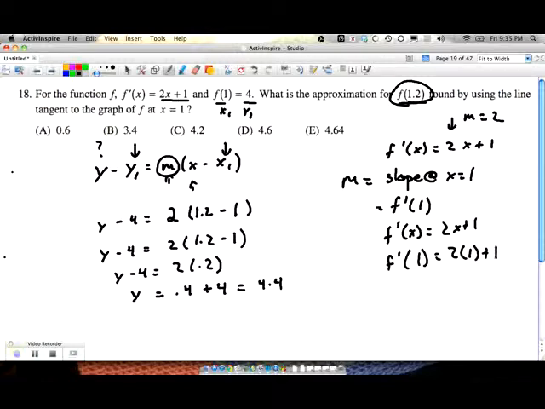So that should be a 3. I knew something was up as soon as I started seeing those answers. So this should have been a 3 times 1.2 minus 1, and a 3 times 0.2. So it's going to give me 0.6 plus 4, or 4.6. The answer would be D.